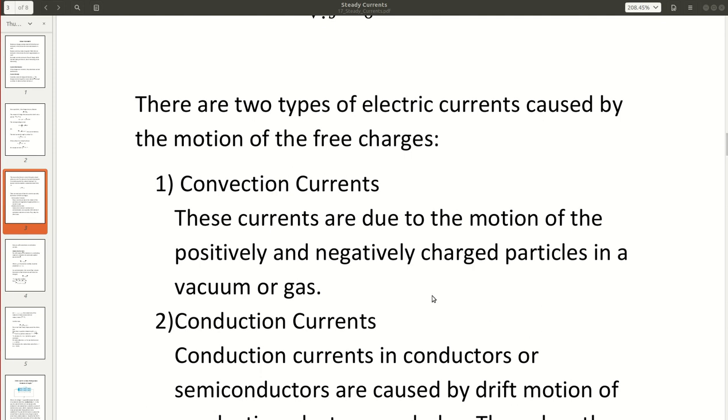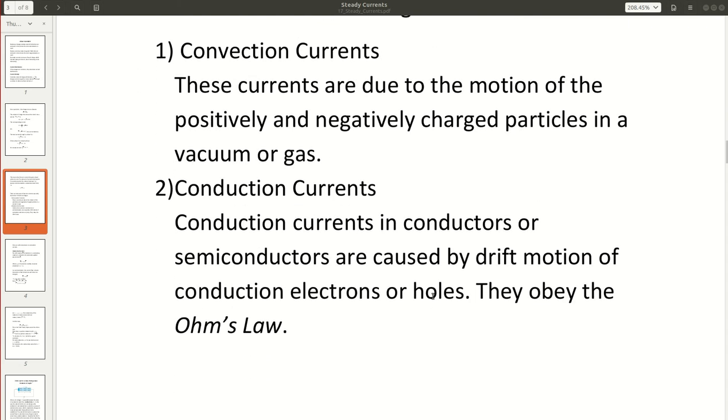By now you know that there are two types of electric current. One is due to the motion of positive or negative charge in a vacuum or a gas. The second is due to the motion of charge in a conductor or a semiconductor, by the moving of electrons or holes.